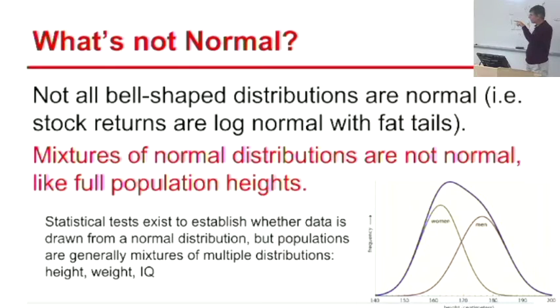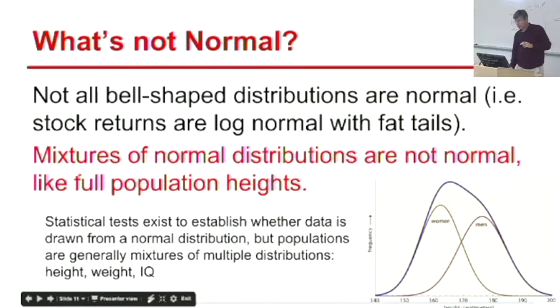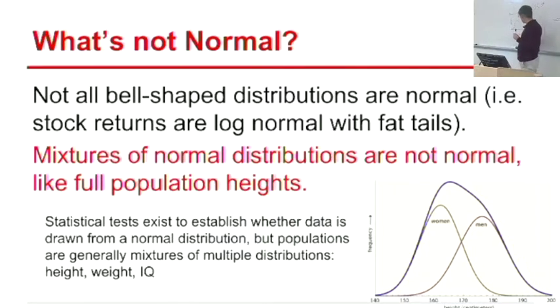Is that right? So one thing to recognize is that when you have a mixture of normal distributions, the data is not going to be exactly normally distributed. And most things in the world probably are mixtures of populations. Do we think that the height of men is normally distributed?